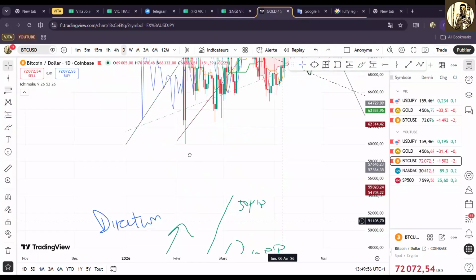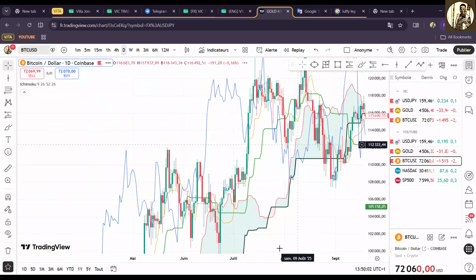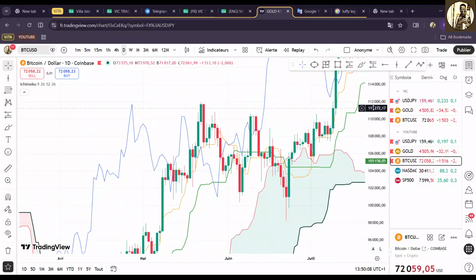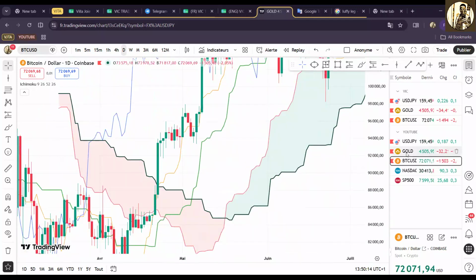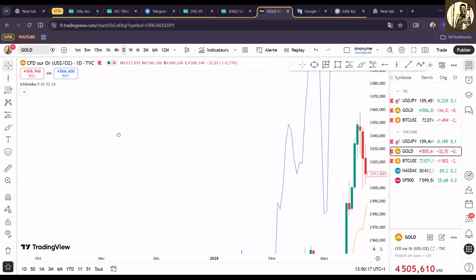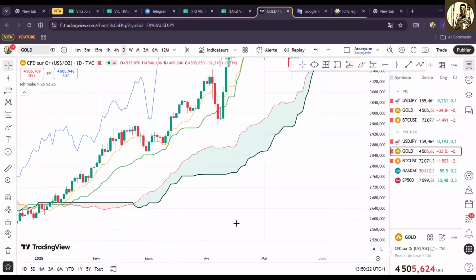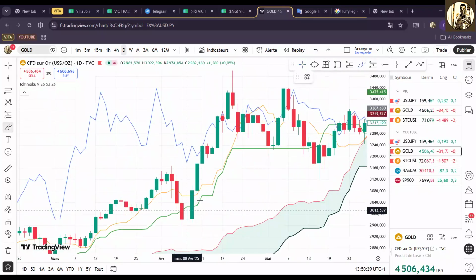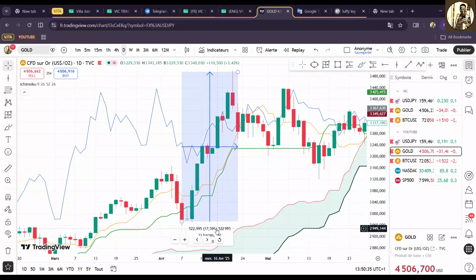So when you go, for example, at this level on gold, you have, for example, this movement to the upside that gave you this Kijun that gave you 500,000 pips here, right?